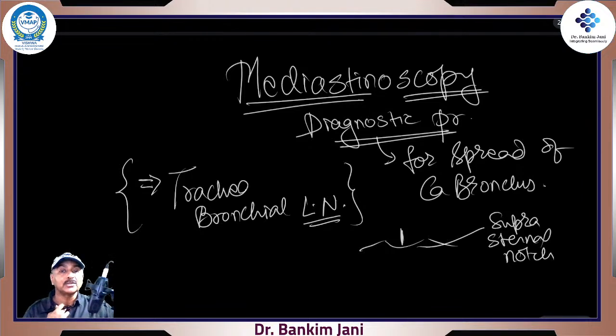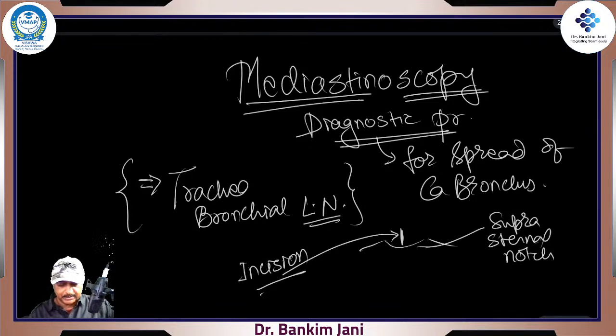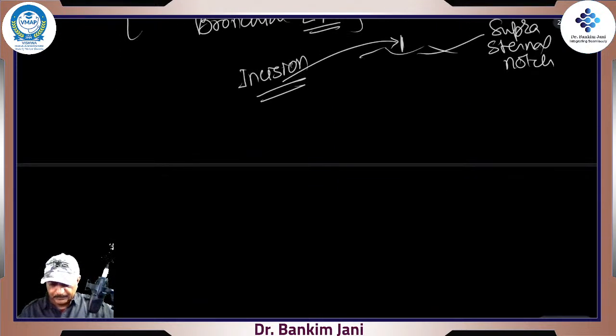Because when you put a cut here, we can explore the superior mediastinum, and we can just go down and see whether these lymph nodes are involved or not. So this is where the incision is put, and this procedure is called mediastinoscopy, right? Mediastinoscopy. Achha.